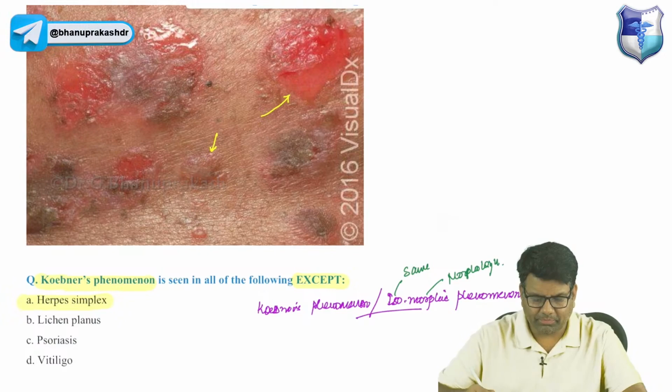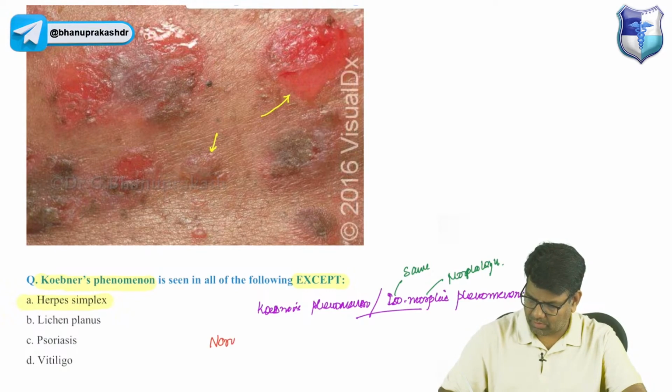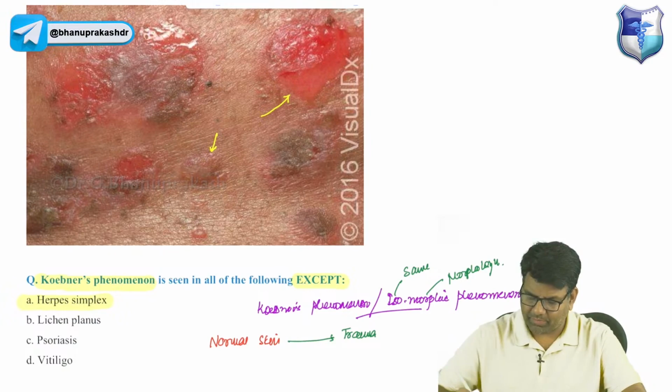What happens here? Yes, Raghu, yes. So the sequence is normal skin, then trauma, right? And post trauma, there is appearance of lesions over that normal skin.